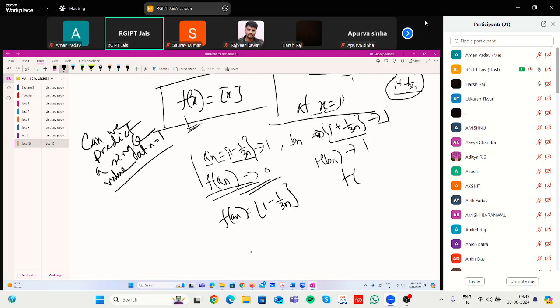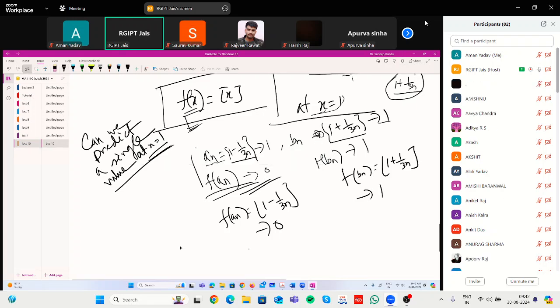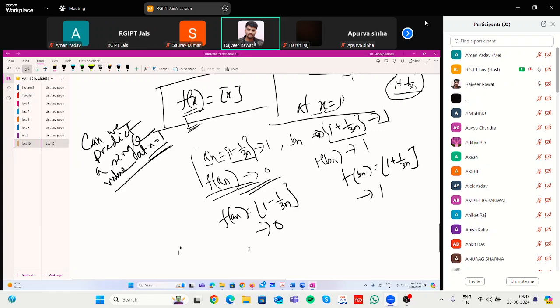And f of b_n goes to 1. So we have found two sequences going to 1 whose function values go to different limits. You cannot predict a single value at x equals 1.